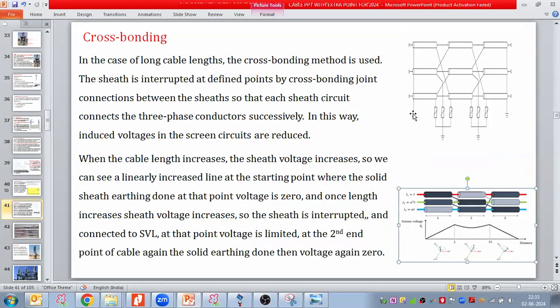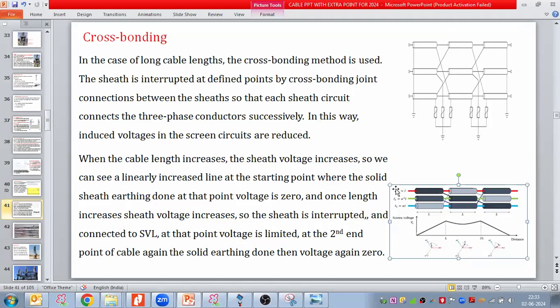If you see here, this is grounded, and in between there are multiple groundings with the help of the SVL, the solid grounding and multiple minor sections, all connected with the ground.